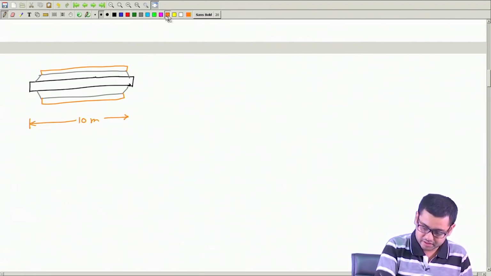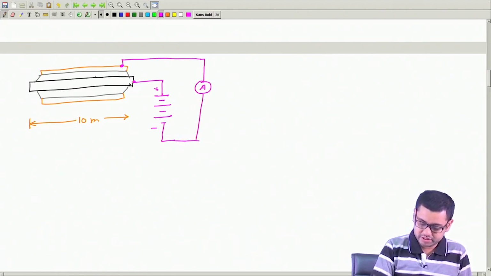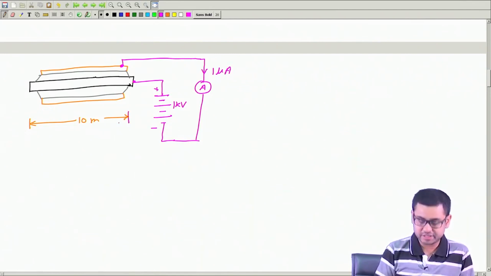And we are applying a voltage between this and this, and we are measuring the current with an ammeter. We can measure this voltage. Say this is 1 kilovolt, and say this current is found to be 1 microampere. The length of this conductor is 10 meter.